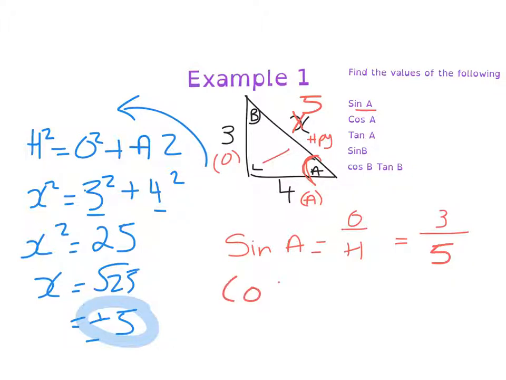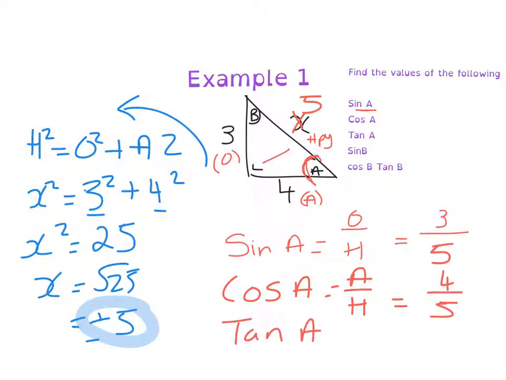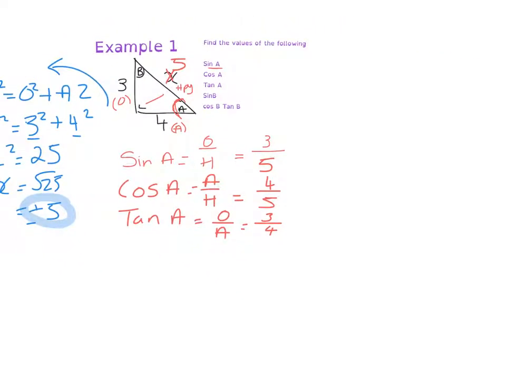Cos of A, well, it's CAH, adjacent over hypotenuse, which is 4 over 5. And tan of A, so TOA, opposite over adjacent, which is 3 over 4. Now, I've ticked all of those. I've got sine A, cos A, and tan A.